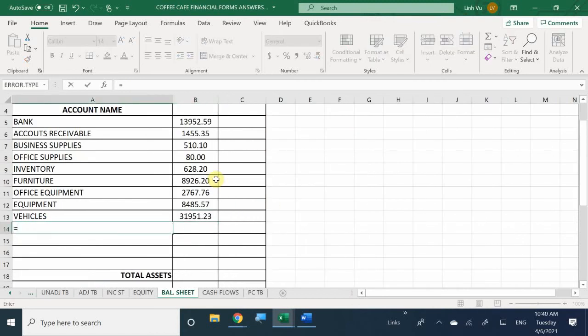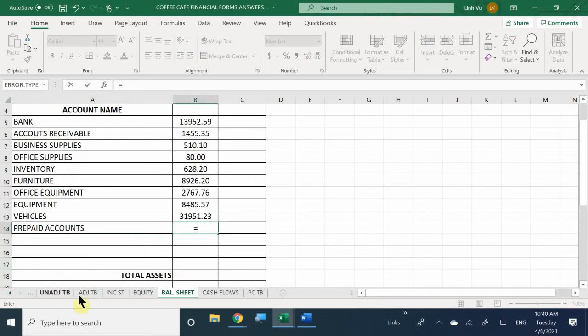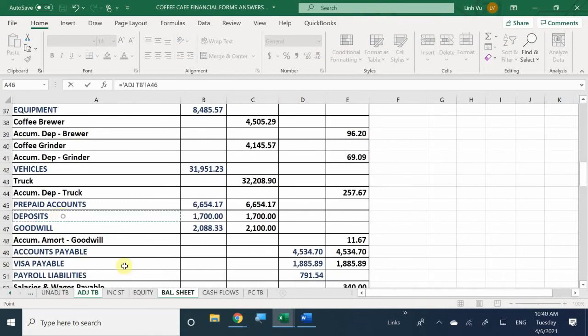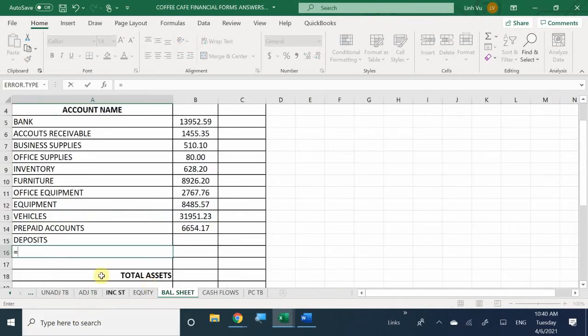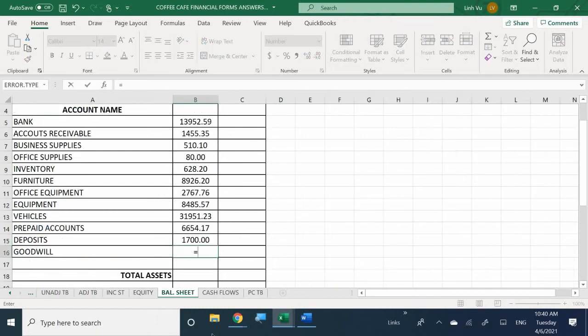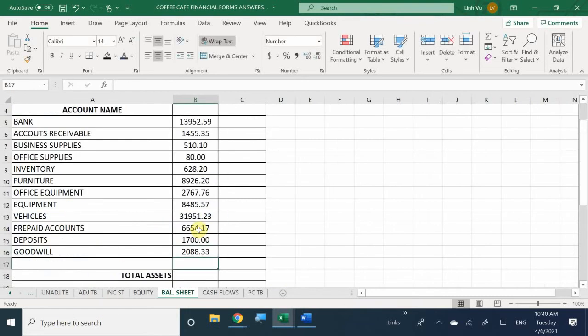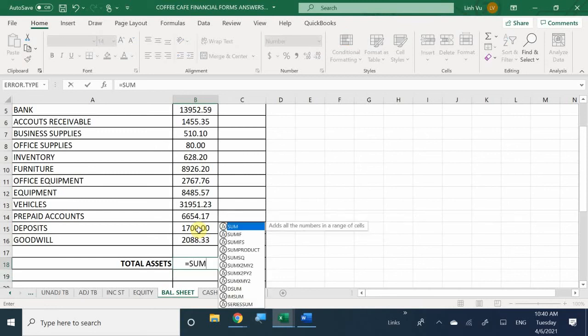Next asset: prepaid, for 6,654. Then deposit. We only have one more left. How much was my deposit for? And then how much is my goodwill? 2,088.33. So here, let's sum up my total assets.